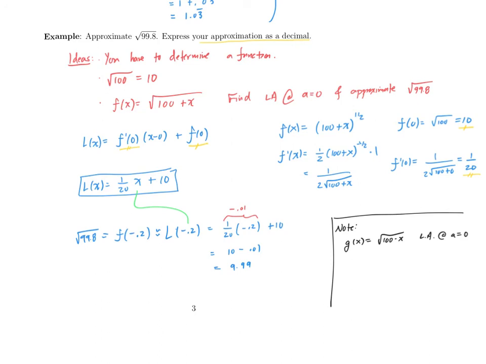But that negative would be accounted for when you differentiate and you use the chain rule. Or, you certainly could have just used something like, say, h of x is the square root of x, and you could find the linear approximation at a equals 100. So there are, in fact, many different possibilities, and I would encourage you to think about how the computations would work in one of these other cases.